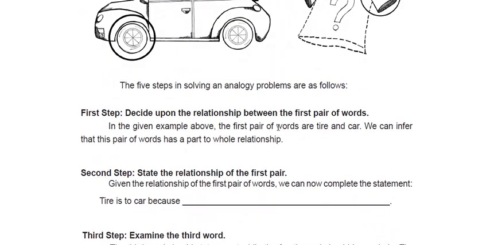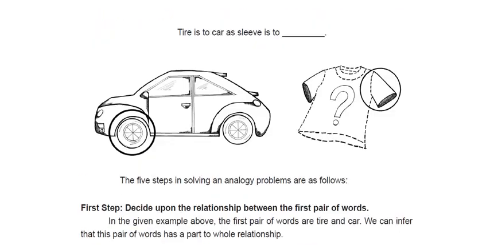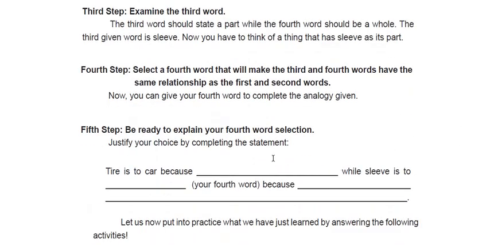So you will think of the suited word here that has something to do with sleeve, and they should have the same relationship with this pair of words. And the last part, be ready to explain your fourth word selection.